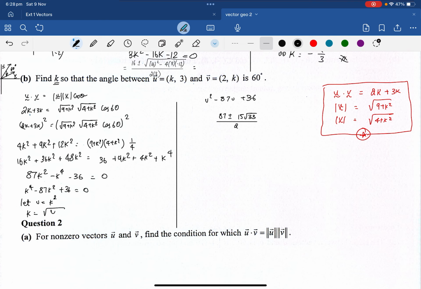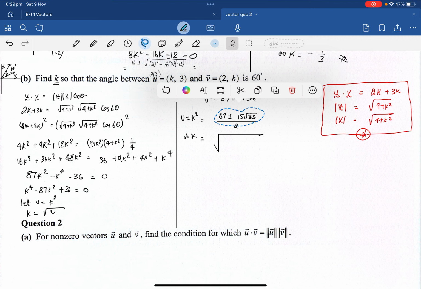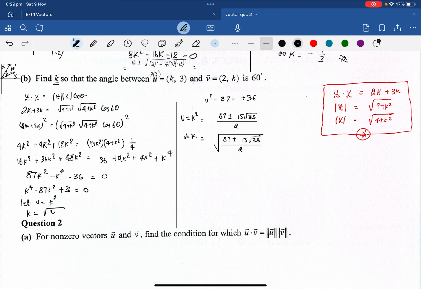So k is just equal to the square root of u. So this k is equal to this. This is k squared. Therefore k is just equal to the square root. U is equal to k squared, right? So then k is just equal to this, but you put this inside. Easy. That's your answer.